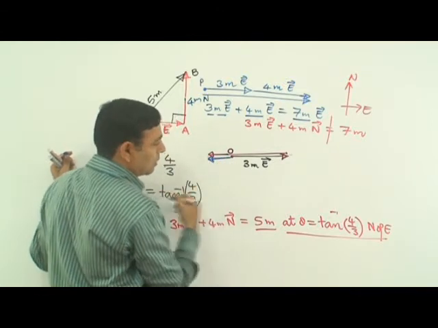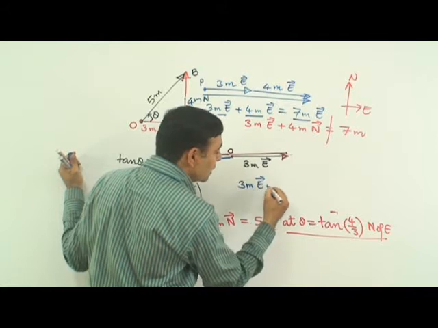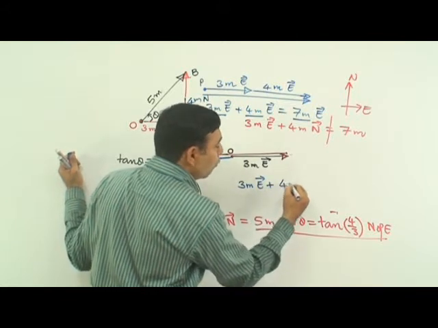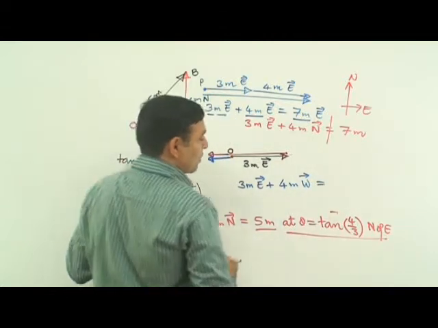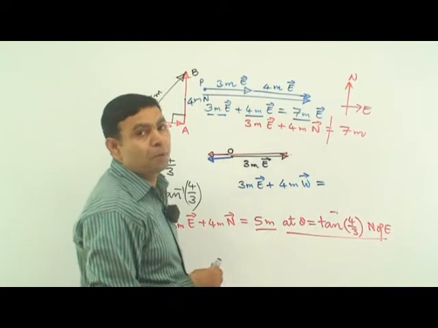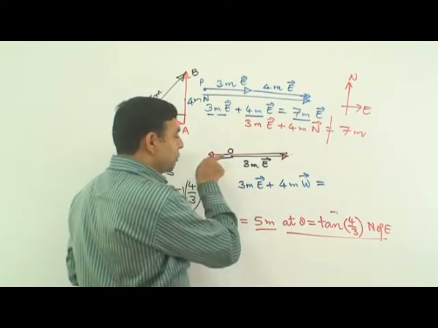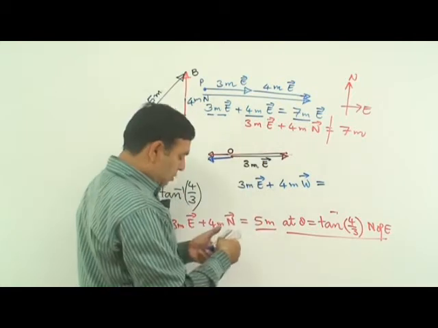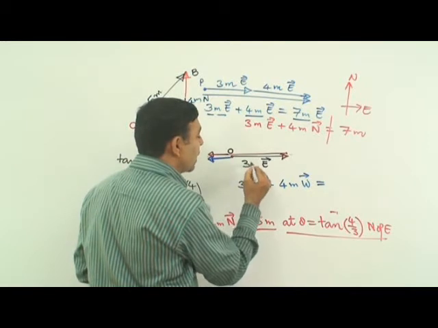That means I can safely write now like this: 3 meter east plus 4 meter west is 1 meter west. The simple reason why I am able to do this is, I told you very clearly, if two vectors are in opposite direction, one direction we can take positive means opposite direction becomes negative.